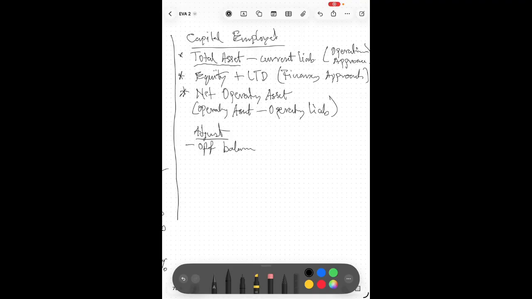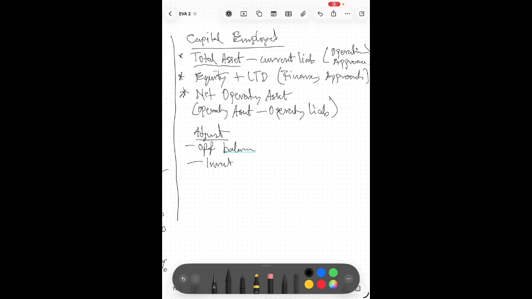You add back any off-balance sheet item that is not in the balance sheet, like an operating lease, and any investment in intangible assets should be added back. These are basically the ways to adjust. If you have any question, you can still ask your question.